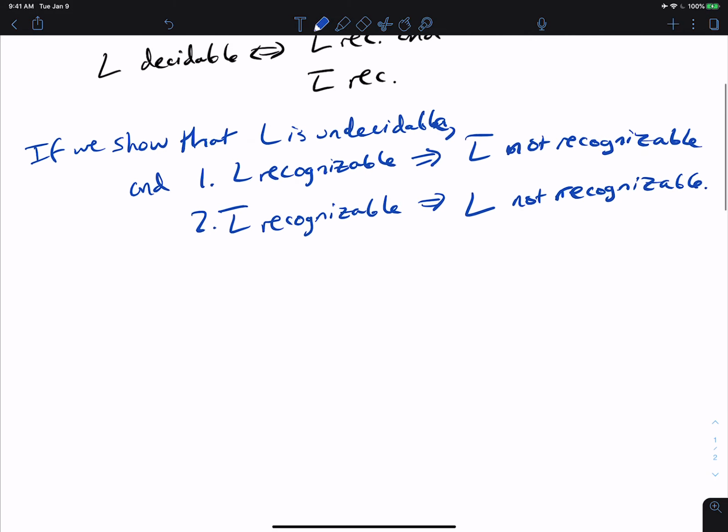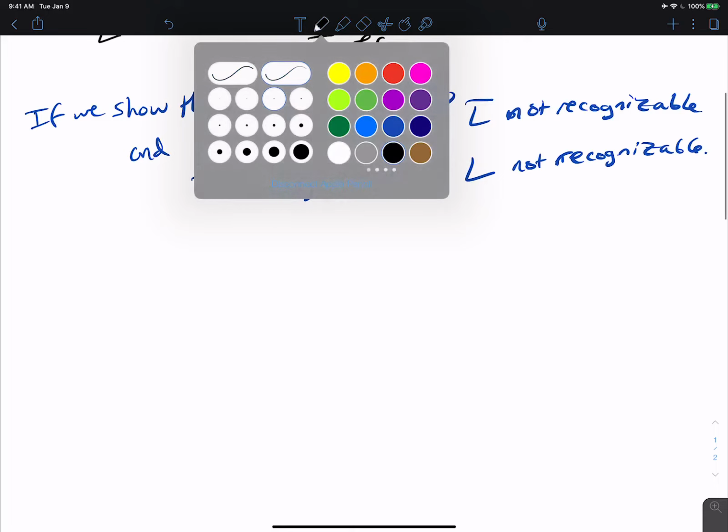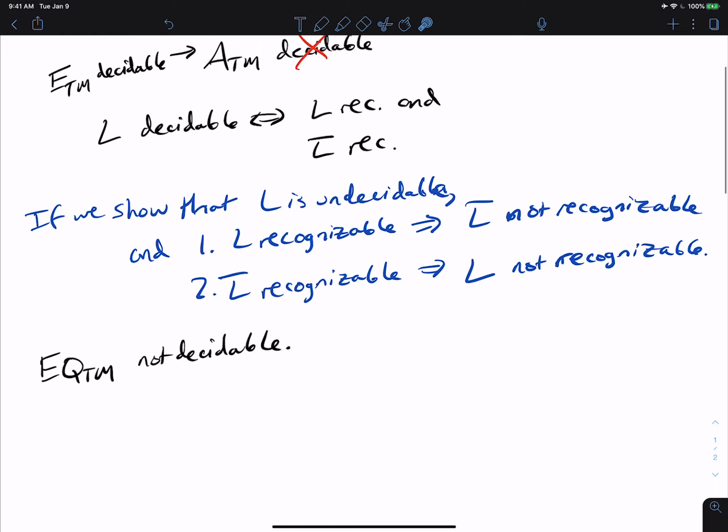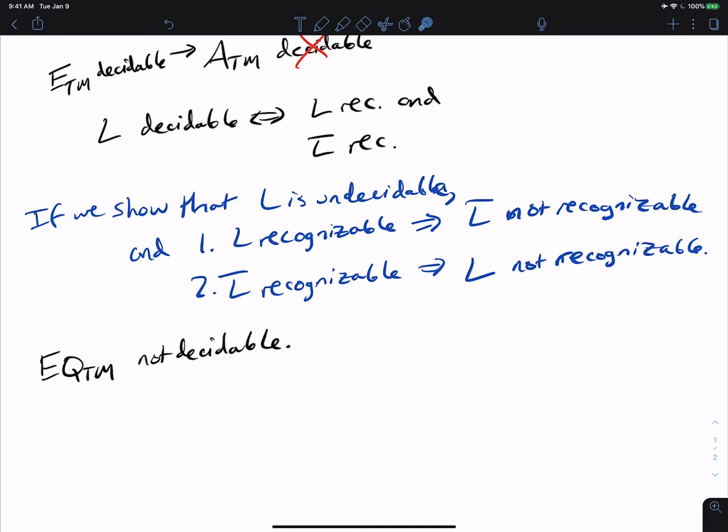So how can we actually do this? I'll show you one result. We've talked about EQTM, and we've shown that it's not decidable before. The reason was that if it were decidable, then we can get a supposed decider for ETM, but we know it's undecidable.